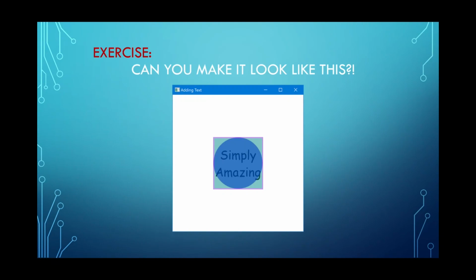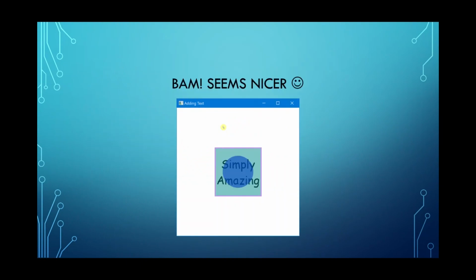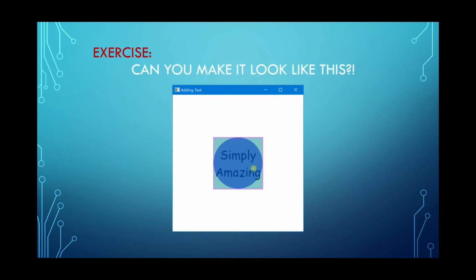When we added the rectangle, we added 150 and 150, and the circle radius was 50. Can you do your calculations so the radius of the circle will make it like this? Now, this is something you should try.